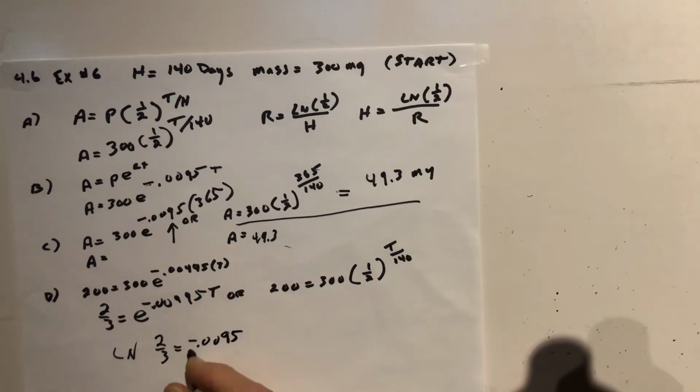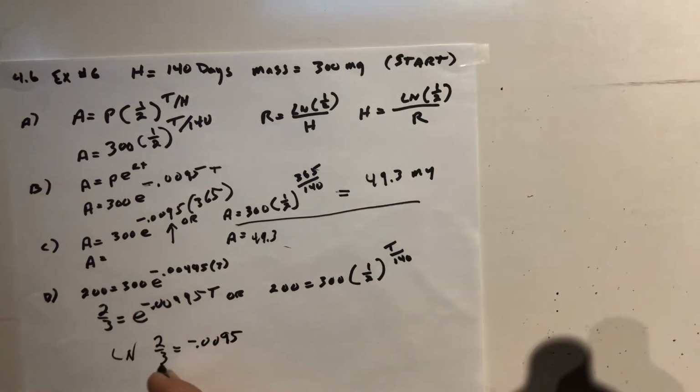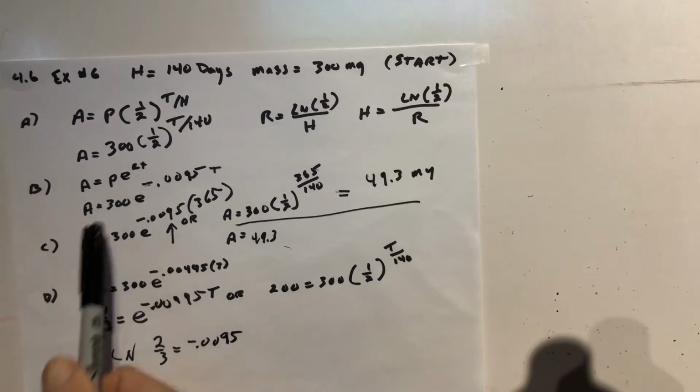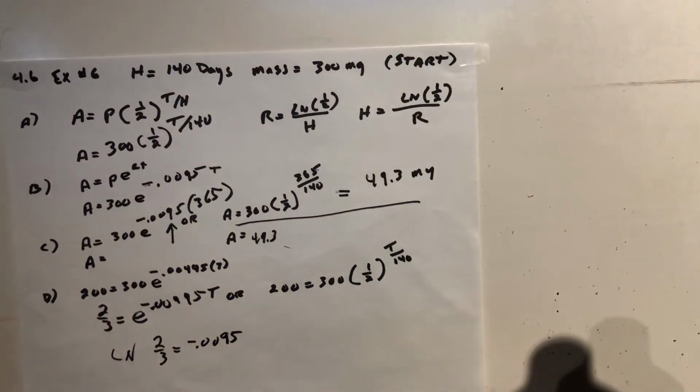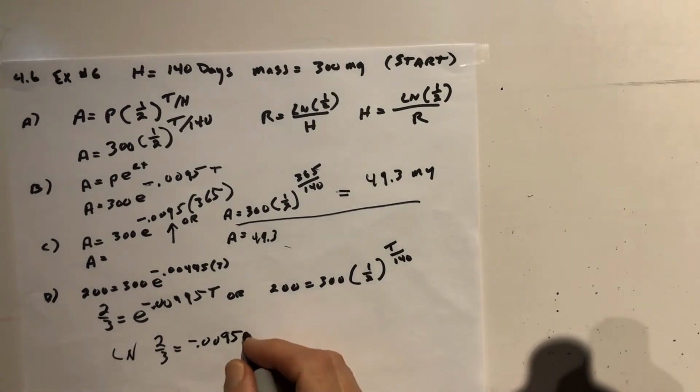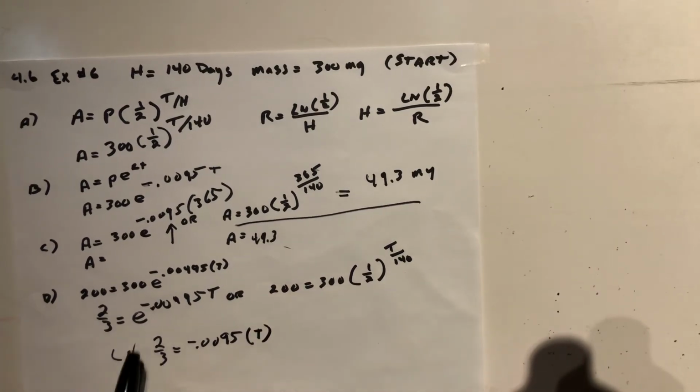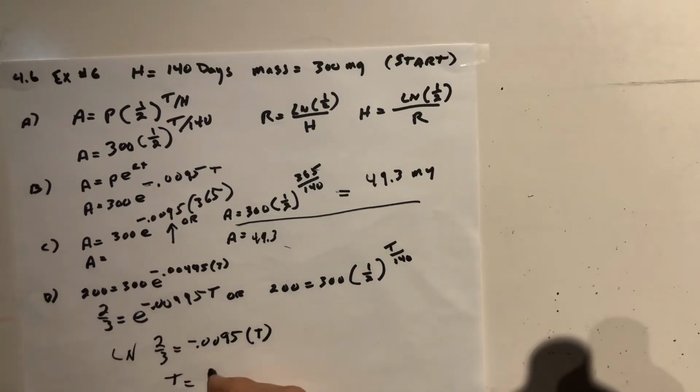Oh, why is it negative? In PERT, when R is negative, it means it's going down. And half-life is always going down. That's why you'll see a negative. And we need a t out here. So do this on your calculator and divide by that, and you should get 81.9 days.